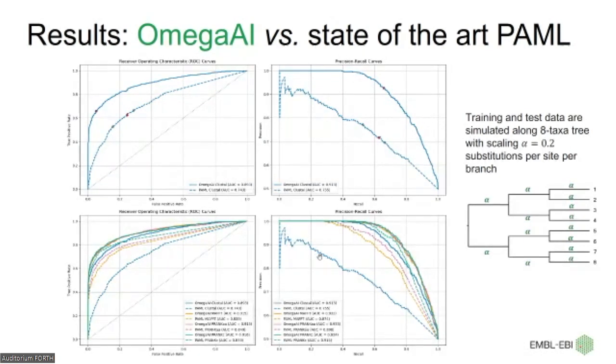I'm sorry, it's a little bit busy, but the main takeaway is that the bold lines are above the dashed lines, and so we're happy about that. Something of note here is that the bold lines representing evaluations by Omega AI on different aligners are quite close together, which says to me that the network is able to generalize quite well to different aligners.